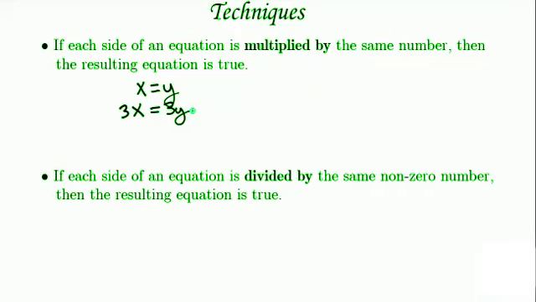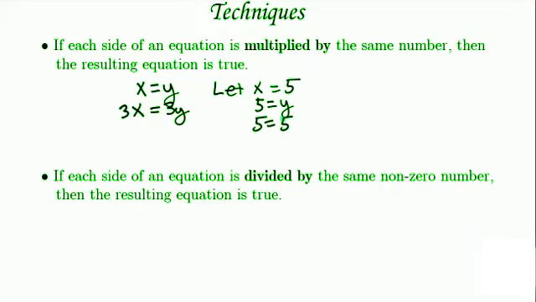Again, to make this more intuitive, let's substitute in some numbers. Let x equal 5. Therefore, if I substitute that in for x, 5 equals y. So if x equals y, then the equation is actually 5 equals 5. Okay, so I have 5 equals 5.